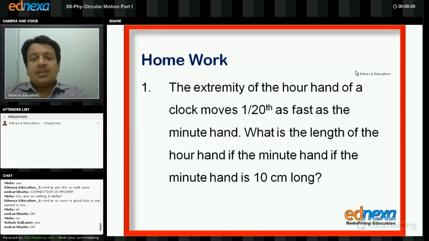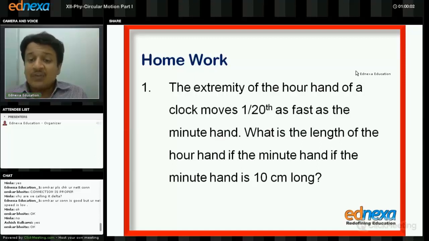I will read. The extremity of the hour hand of a clock moves 1/20th as fast as the minute hand.